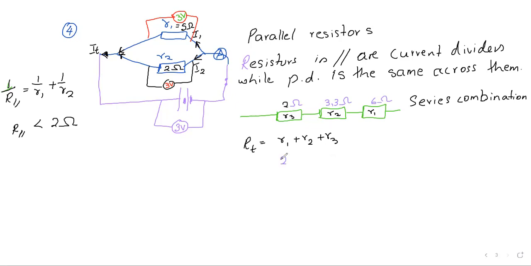That will be 2 plus 3.3 plus 6, which is 11.3 ohms.